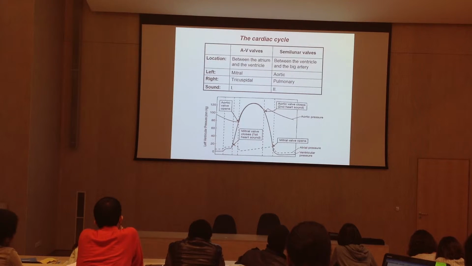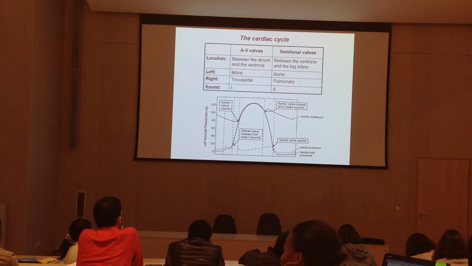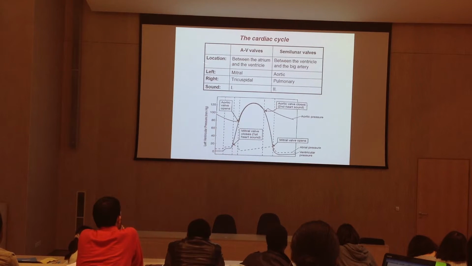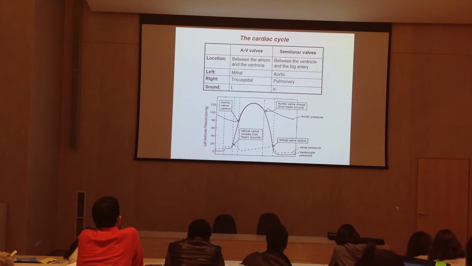Therefore, at the left side, there are 2 valves. Between the atrium and the ventricle is the mitral valve, and if the ventricle starts to contract, it closes and doesn't allow the blood to flow back. And this is the aortic valve.